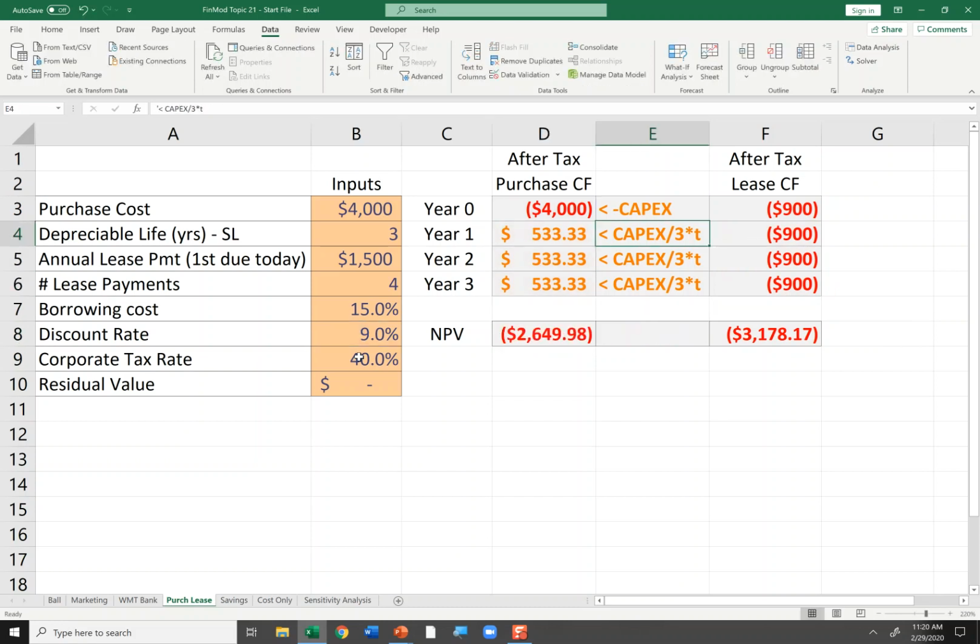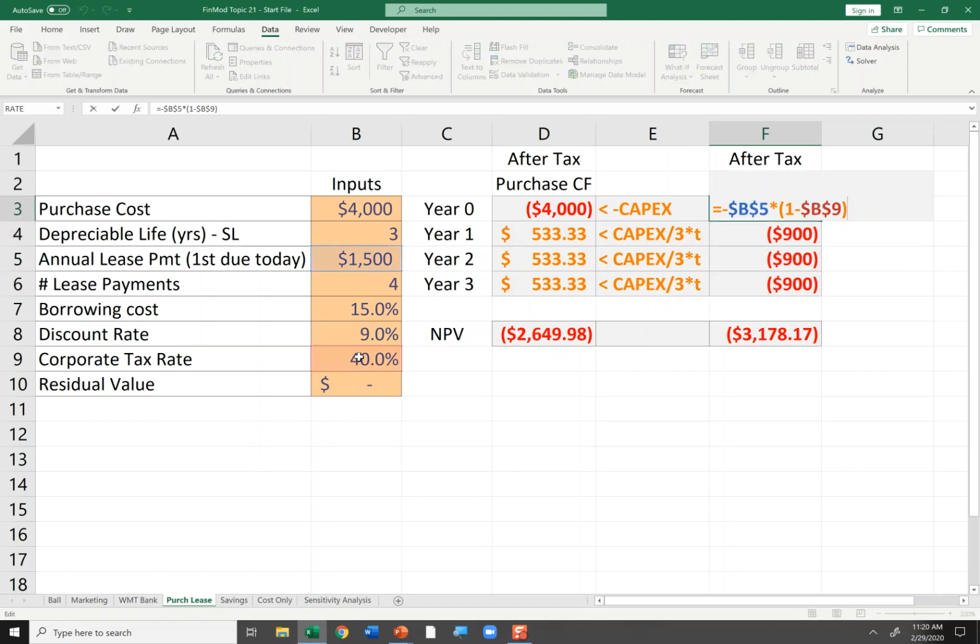One other note: I'm assuming in this case that I save taxes. Even though I have this expense here and this expense here, taking the after-tax cost of an expense means that it's just shielding the company from taxes in other areas. In other words, I'm assuming this company is already profitable, and therefore any new operational expense, which is a lease, is going to save the company in taxes.